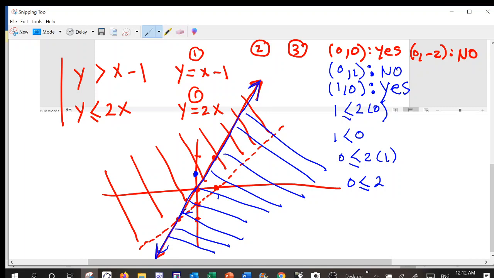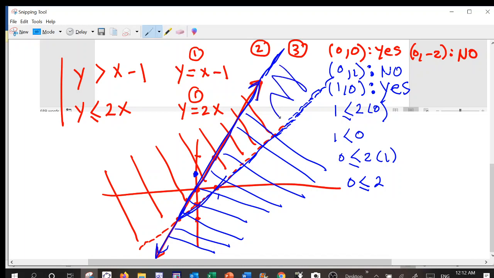So the solution is really from here all the way, well, I shouldn't have done that, it's dotted, right? So this border has to be dotted, but the other border is actually solid. So you see that shape right there with dotted on one side and solid on that side.